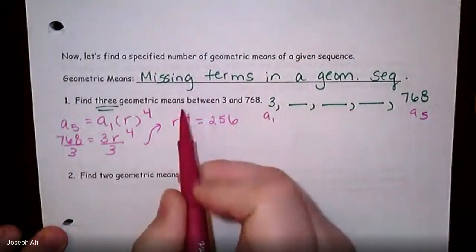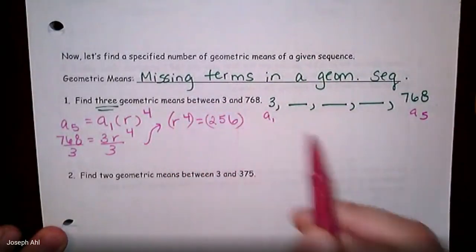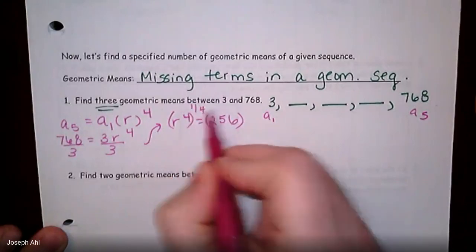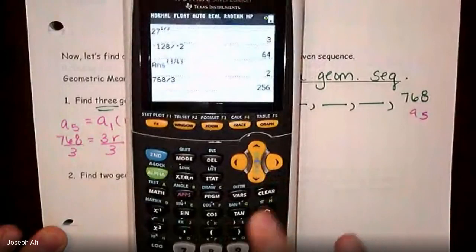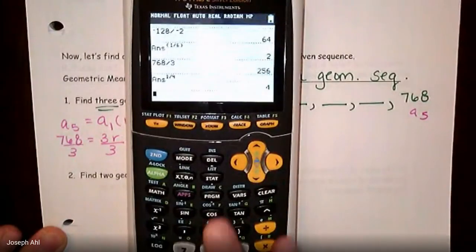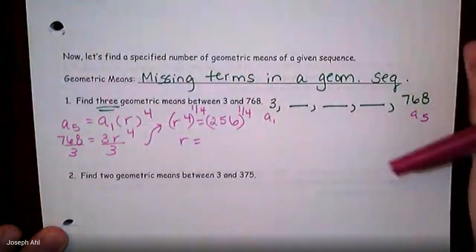And then remember that from here you have to get rid of that 4th power, raise each side to the 1/4 power. And 256 to the 1/4 should be 4. Double check it though. Yeah, I get 4 as the ratio there.